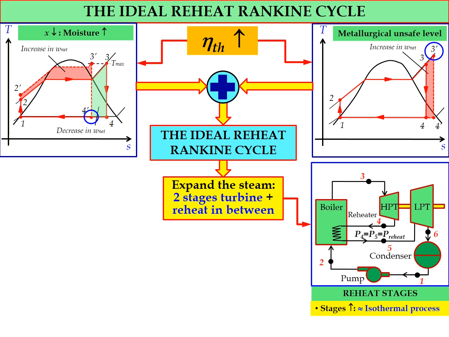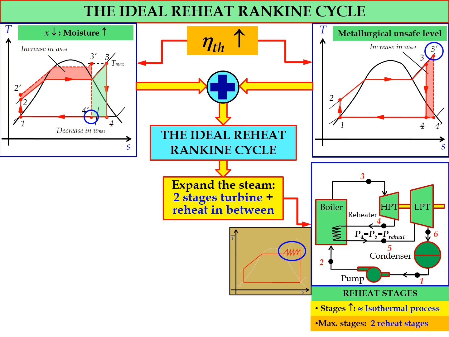So in terms of reheat stages, if the number of reheating stages increases, the process will be close to an isothermal process, as shown in the TS diagram, and this condition will limit the potential of the reheat Rankine cycle to have the highest value of thermal efficiency.